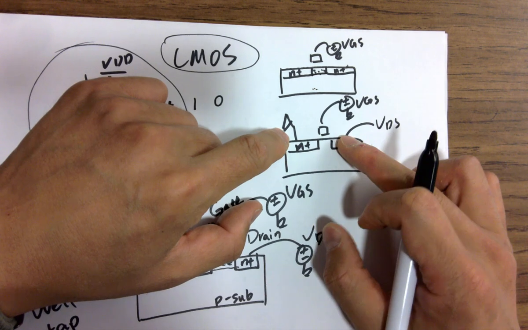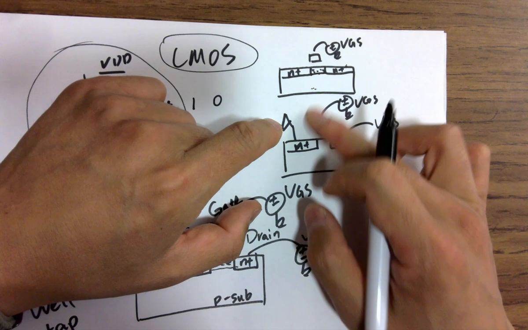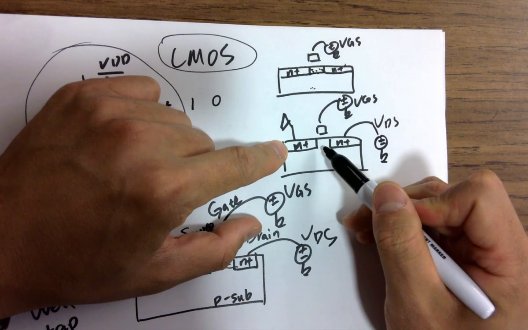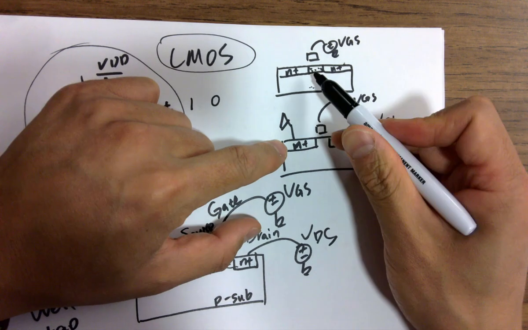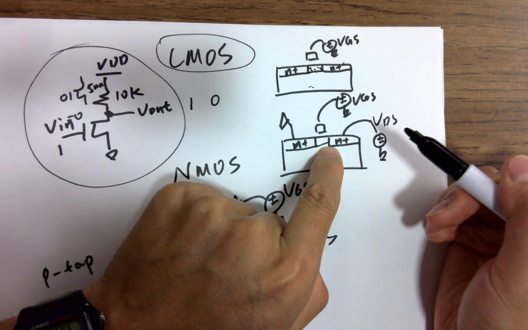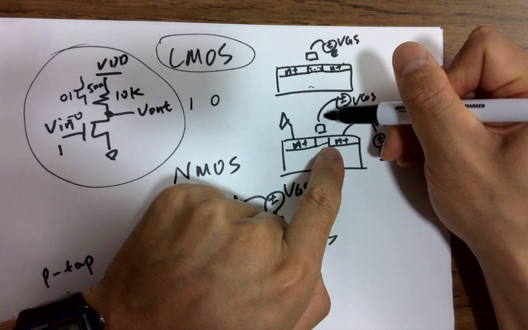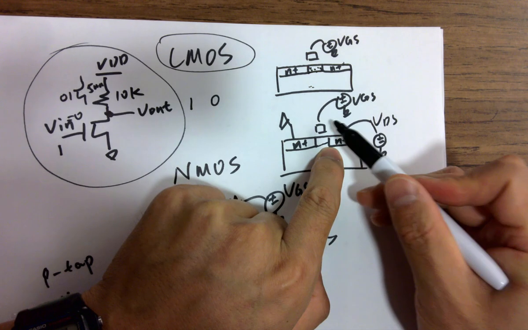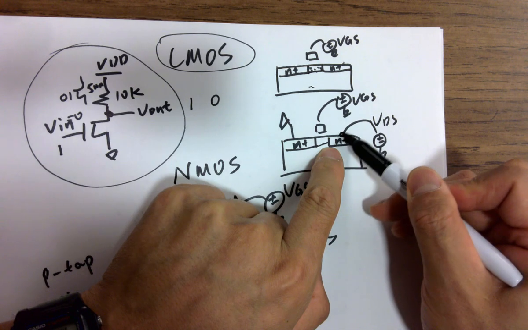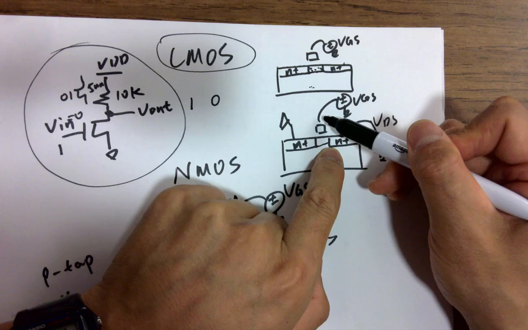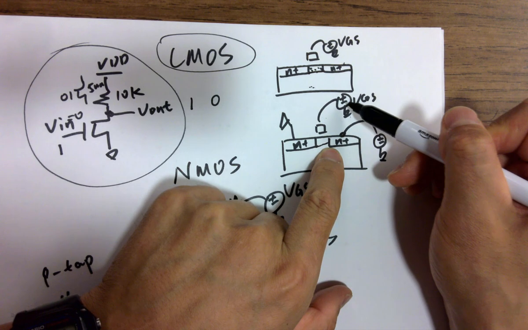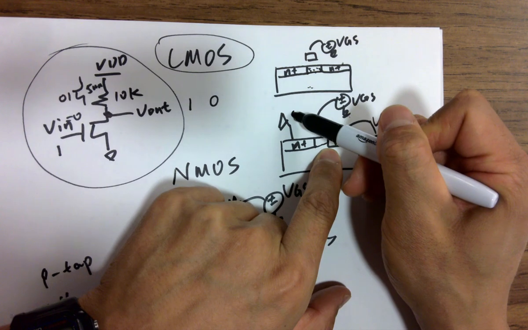Now, looking at this figure, whenever we apply a little VDS over here, the shape of the channel will look like this. This side is moving up. Why is that? If you look at the voltage difference between gate and drain, it's actually getting smaller, because the voltage here is getting higher and the gate voltage is not changing. I label this VGS because the voltage source here is grounded and the source terminal is also grounded.